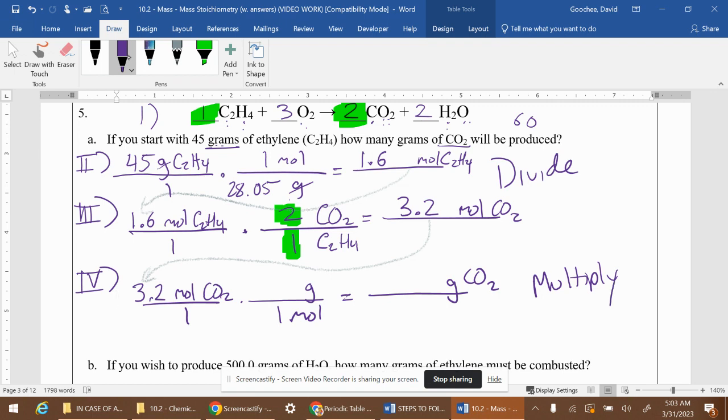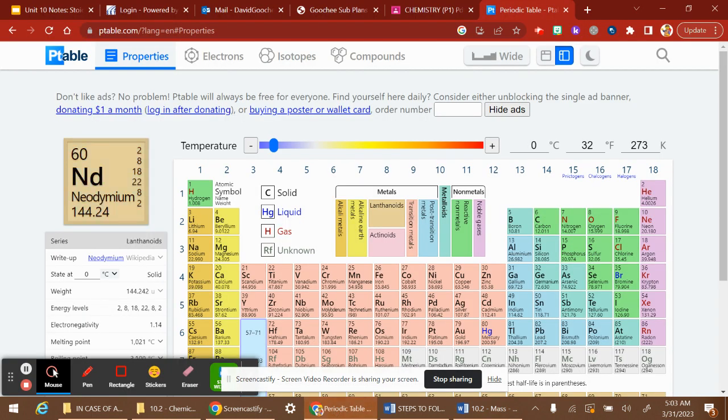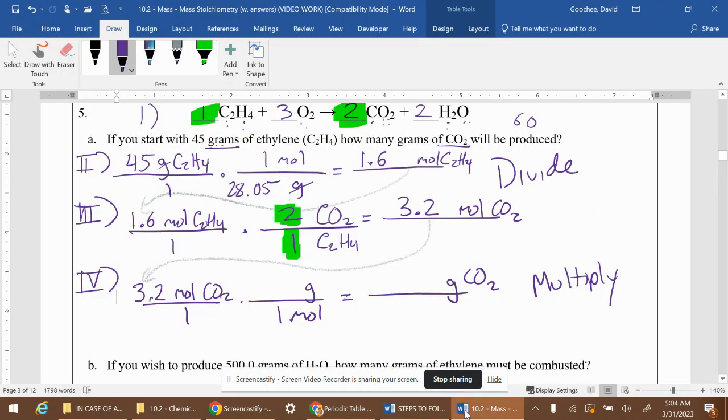So the molar mass of CO2, I'm going to go to the periodic table. I'm going to add a carbon, 12.01, plus two oxygens, so plus 16 times 2, 44.01. So there we go. To get from moles into grams, we multiply by the molar mass.